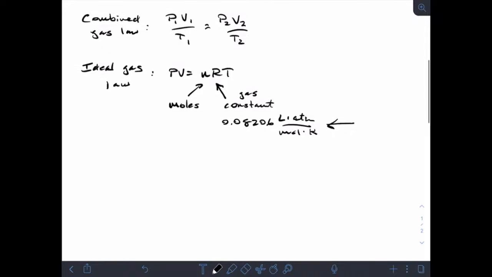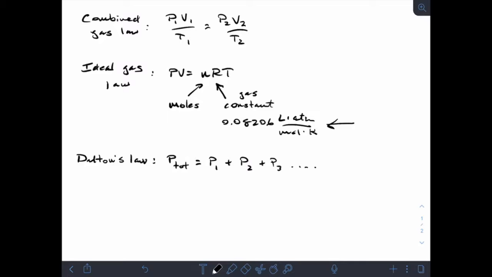Next on the list is Dalton's law of partial pressures. Dalton's law says that the total pressure is the sum of the partial pressures of all the components, however many components you have.